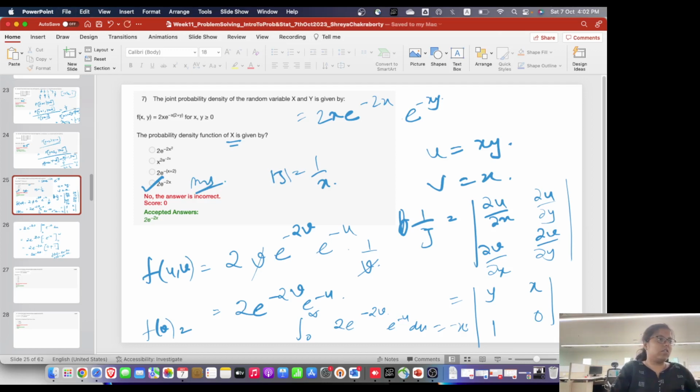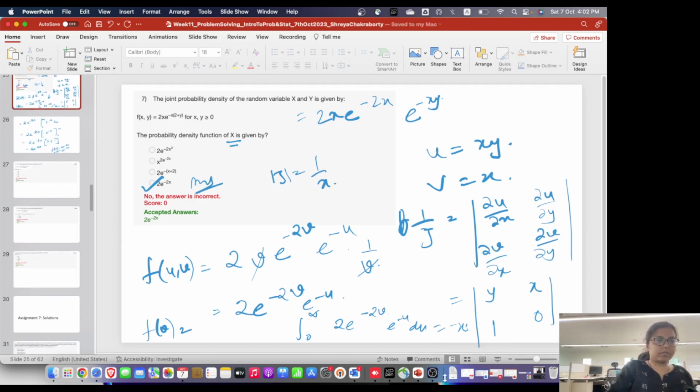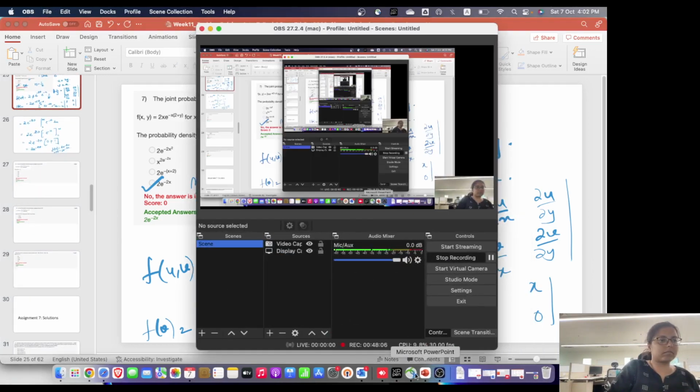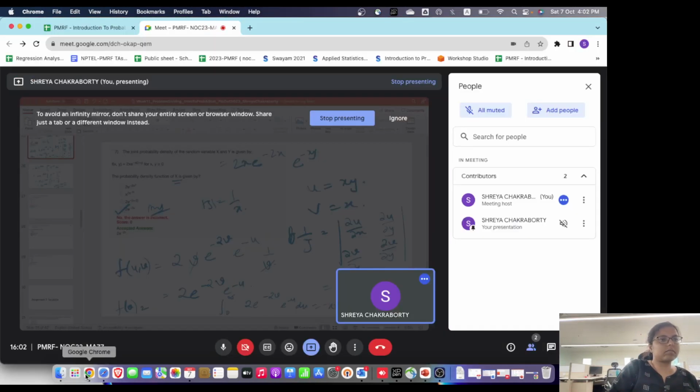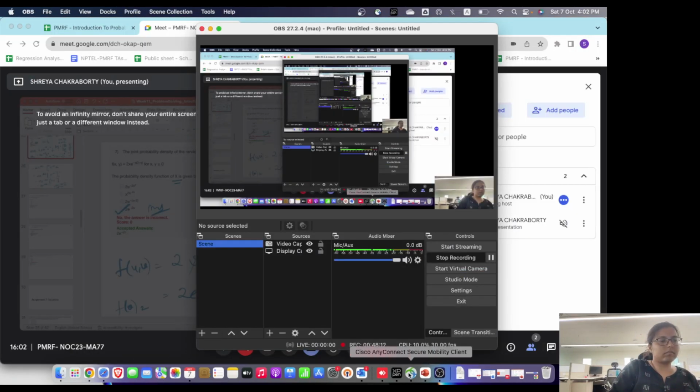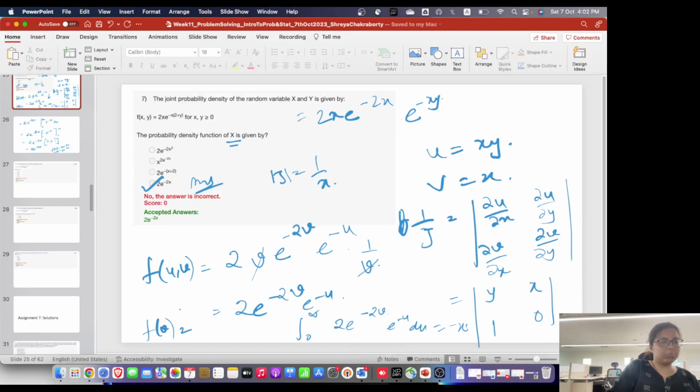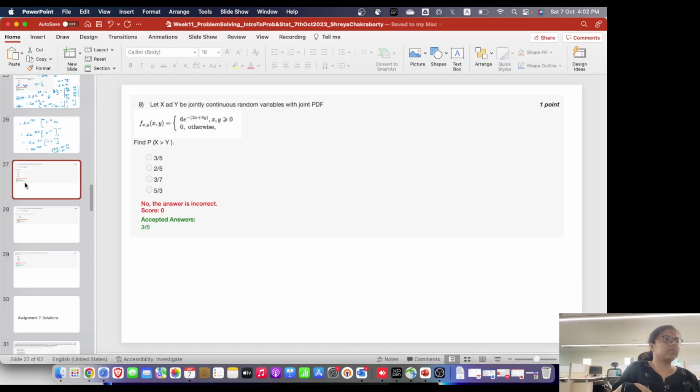Alright, so now we'll move on to the next one. So here let x and y be jointly continuous random variables with the following joint PDF. Then what is the probability x is greater than y?